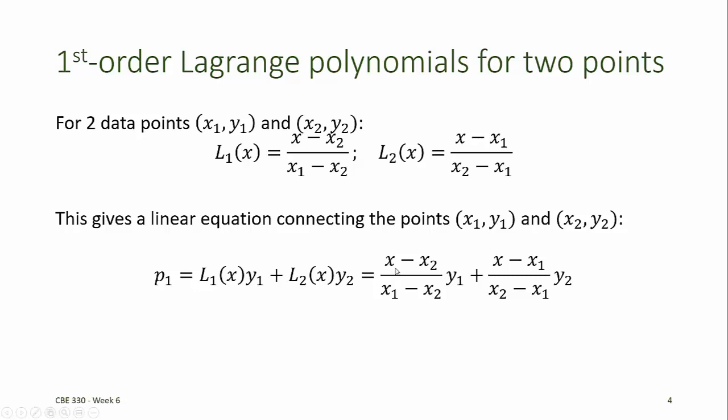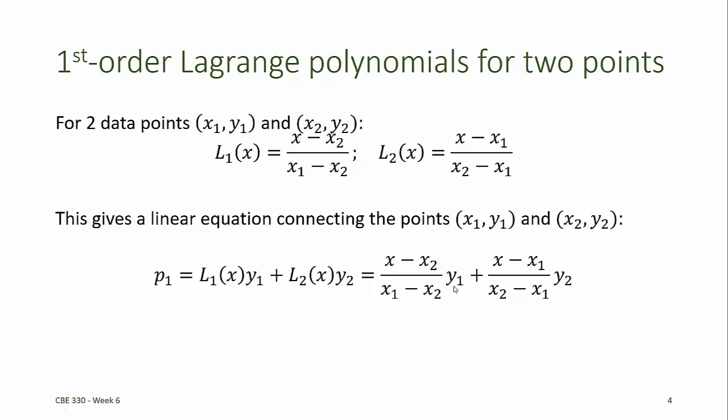Notice that when x is equal to x1, the term multiplying y1 goes to 1, x1 minus x2 over x1 minus x2. And the term multiplying y2 goes to 0, because we have x1 minus x1 in the numerator. So the polynomial exactly matches the point y1.